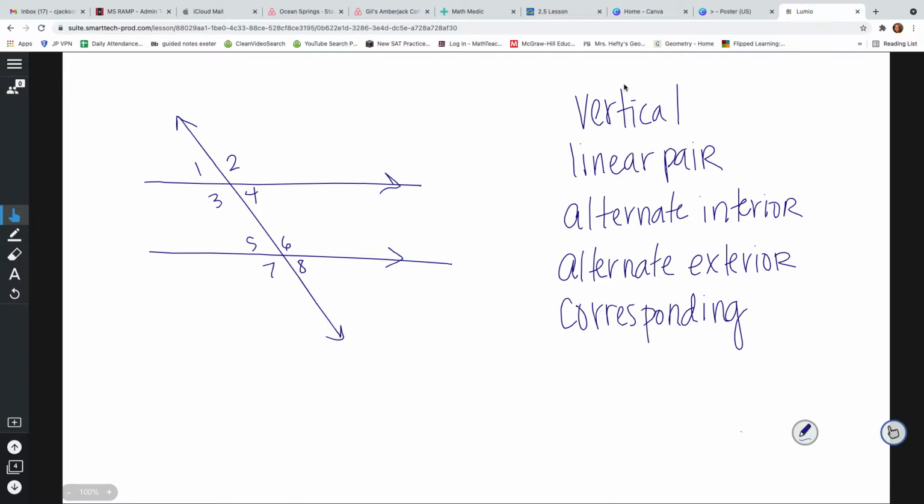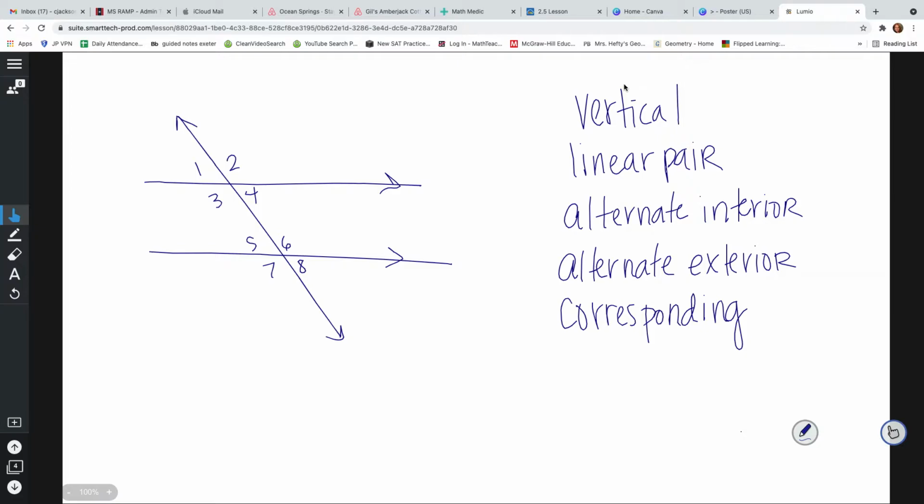So if I'm on the football team and Billy plays quarterback on our team and Joe Smith plays quarterback on J.A.'s team, they are corresponding because they're in the same spot on different teams. So if I take these top 4 angles and I move them down and set them on top of these bottom 4 angles, whatever's on top of each other are corresponding. They're in the same spot.